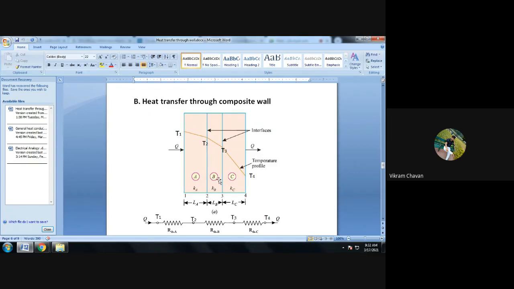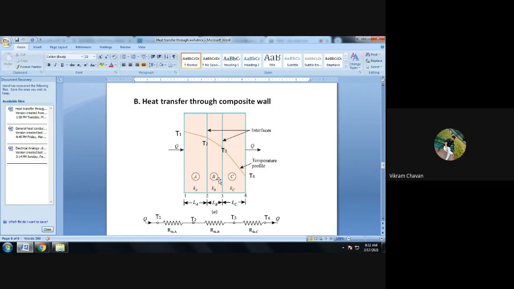In cold storages, the requirement is that less heat should enter the chamber, so that the efficiency of the cold storage increases. The temperature of that chamber should be as low as required, and it is maintained by the refrigeration and air conditioning system.